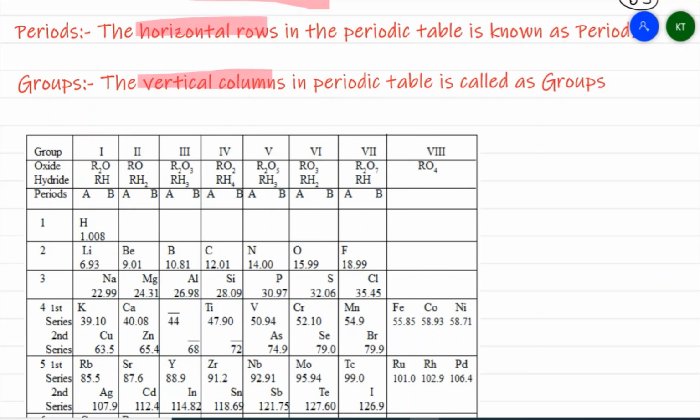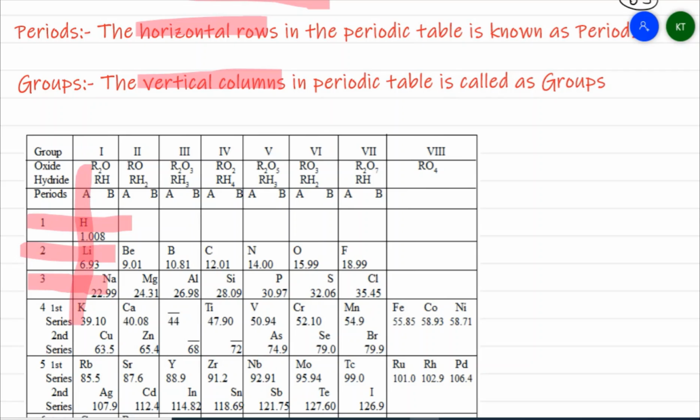The vertical columns in Mendeleev's periodic table we call groups. As you can see, these are the horizontal lines, which I call periods, whereas these are the vertical lines, the groups.